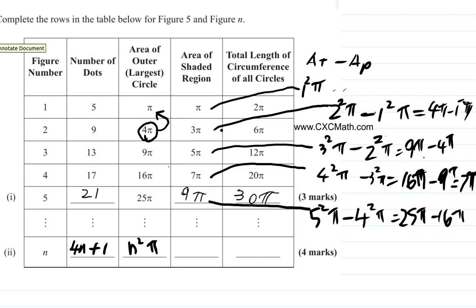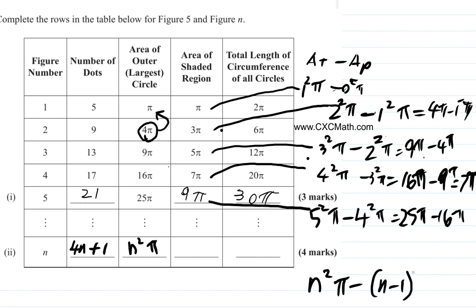Alright, look at the pattern. Figure 1, 1 squared pi minus 0 squared pi. Figure 2, 2 squared pi minus 1 squared pi. Figure 3, 3 squared pi minus 2 squared pi. Figure 4, 4 squared pi minus 3 squared pi. Figure 5, 5 squared pi minus 4 squared pi. So figure n seems to be n squared pi minus what? 1 less.